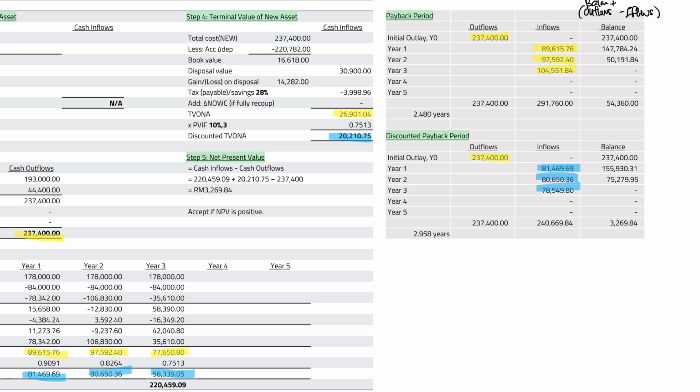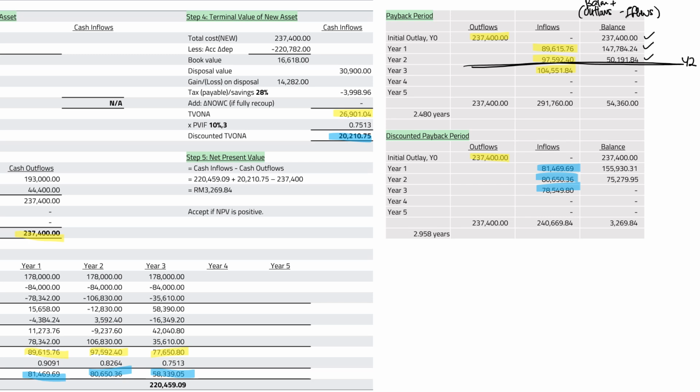That way I know exactly how much of the outflow I have left to reduce. Okay, so the balance here is 237 minus 89 is 147, minus 97 is 50. 50 minus 104: there's not enough balance, so we draw a line over here, and this is at the end of year 2.